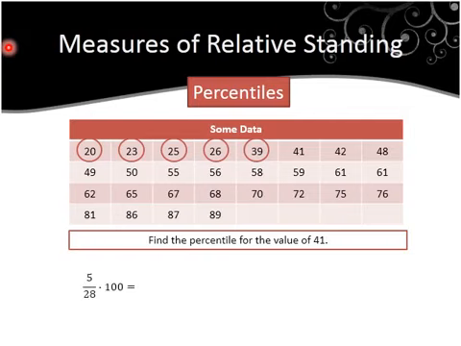I've got 28 total numbers in my data set, so I'm going to take 5 divided by 28 and then multiply by 100, which gives me 17.86%. Now I want to round that up to the nearest percentage, so that means 41 is in the 18th percentile.